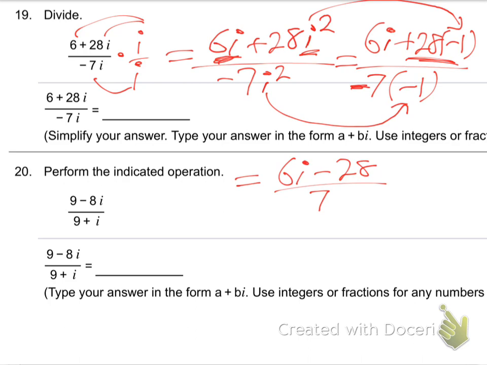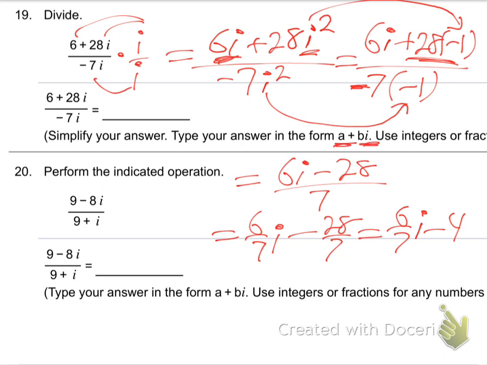And then you have to separate those. So 6/7 i minus 28/7 is 6/7 i minus 4. And they want you to put the real part in the front and the i part in the back. So that would be minus 4 plus 6/7 i, like that. Right? You reorder them. And when you reorder them, you take their signs with them. The negative goes with the 4, and the plus goes with the 6/7.